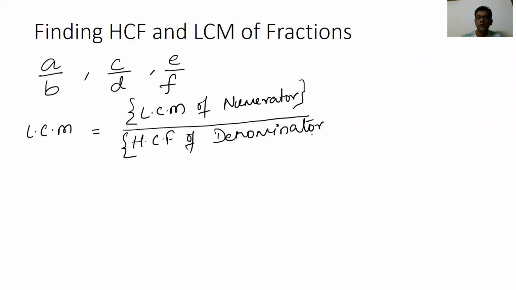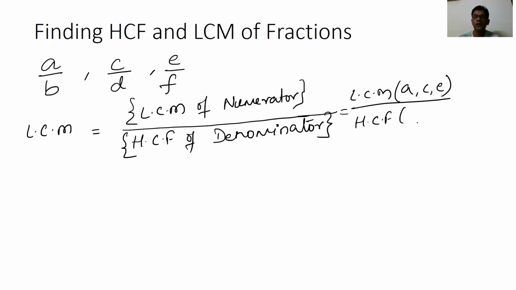That's how we are going to find the LCM of fractions given to you. So if someone says what is the LCM of 2 by 3, 3 by 5, 5 by 7, then it is LCM of the numerators divided by HCF of the denominators. So basically LCM of A, C, E divided by HCF of B, D, and F.